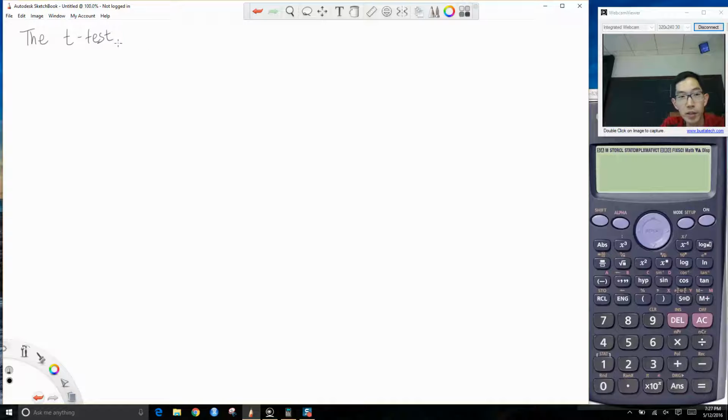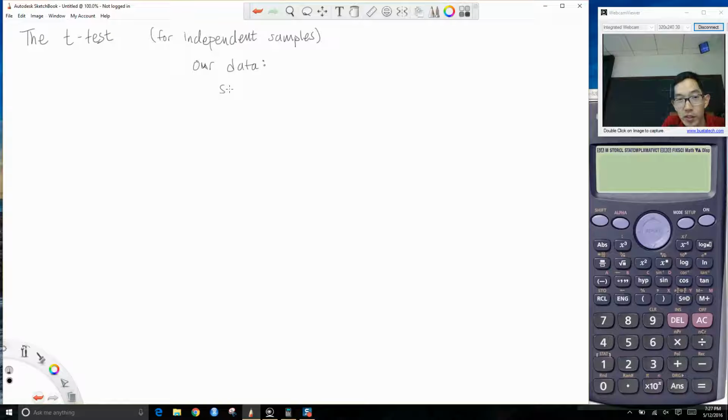And this is technically called the t-test for independent samples. Okay, and so the idea here is what we observe, our data, comes from two samples.